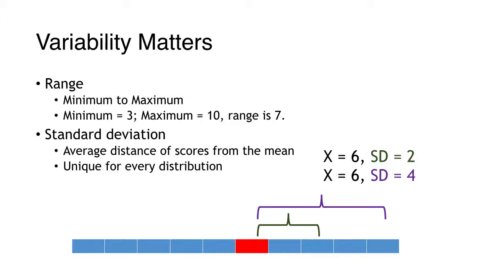But if I have a standard deviation of 4, which I've represented in purple there, then that's telling you that the scores are spread much wider, and the average distance from the mean to every score is much wider. So without knowing much about the scores, you can picture in your mind whether they're spread very widely or whether they have really high kurtosis and they're tighter and closer to where the mean score is.